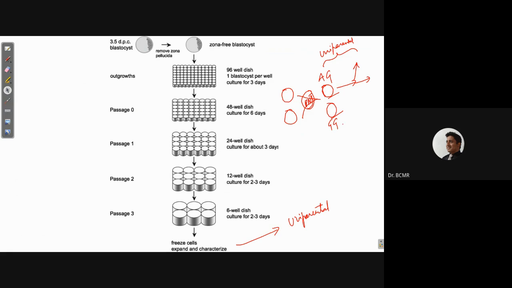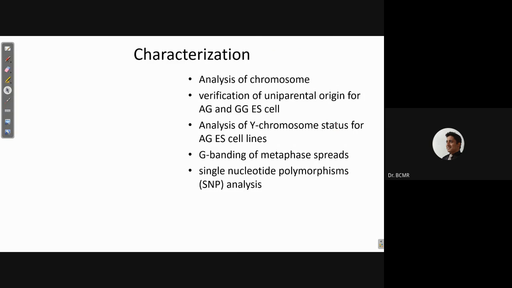Even if we are sure, there should be some molecular characterization, some proof that what we have here are AG and GG. So we need to characterize the cells before we perform further analysis, so that we are sure that what we are working with is either AG, GG, or not uniparental at all.